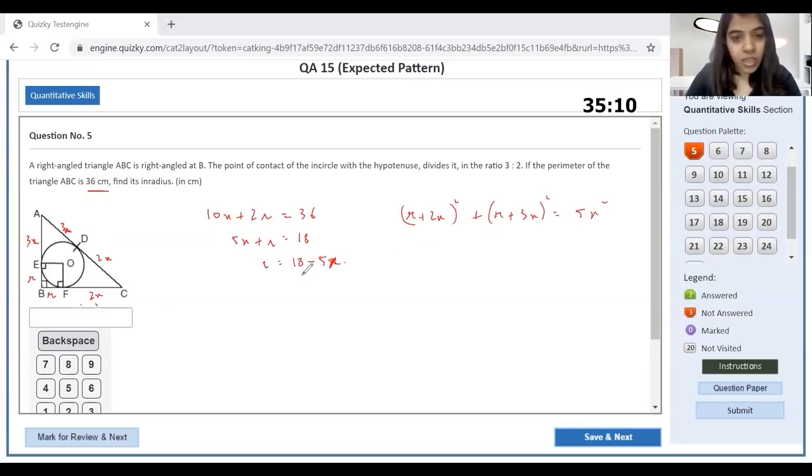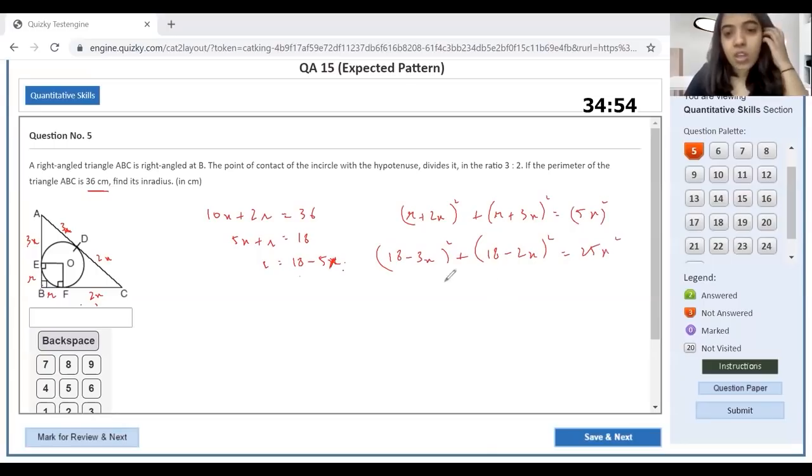Now r is what? 18 minus 5x plus 2x, so (18 minus 3x) whole squared, plus again 18 minus 5x plus 3x, so (18 minus 2x) whole squared, is equal to 25x squared.